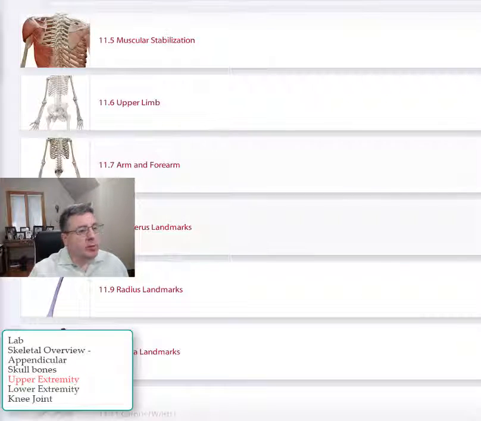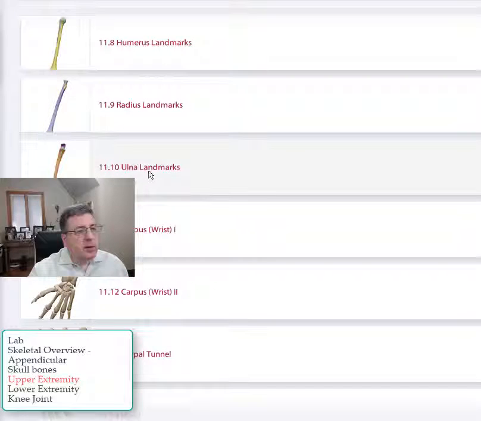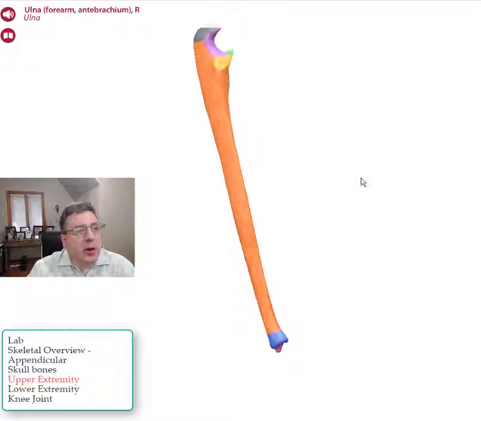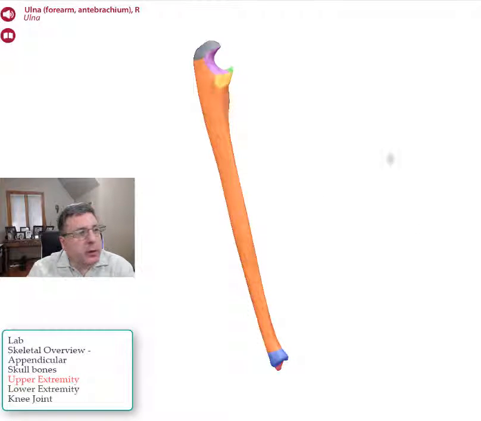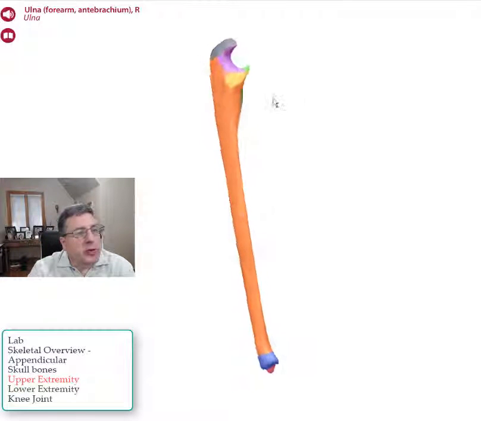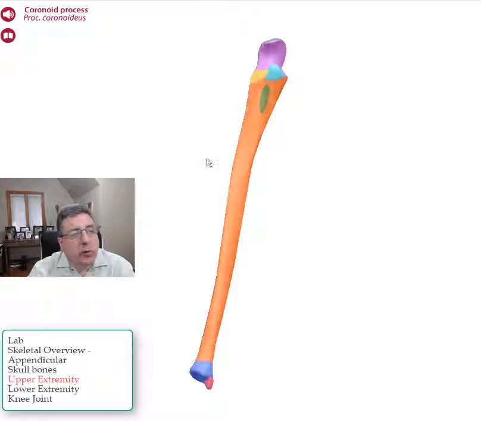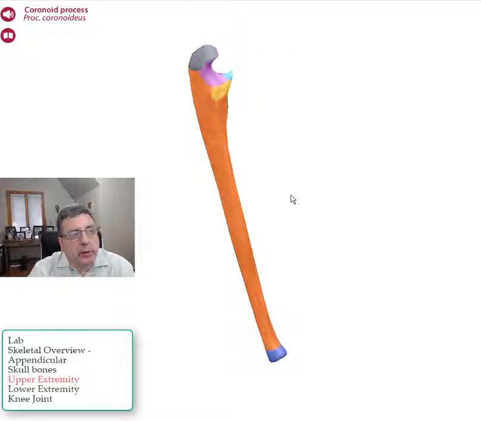Let's go to the next bone, and let's look at the ulna. Okay, so here's the ulna that we're looking at. Let me get it all in the picture here. Let's look at a few of these different processes. First, let's look at the coronoid process. That's this little piece in front. Again, you have to figure out what's anterior and posterior.